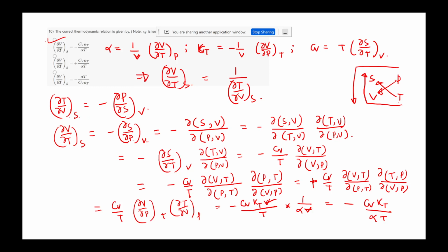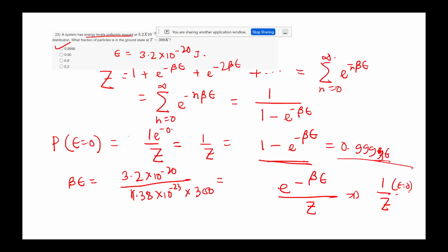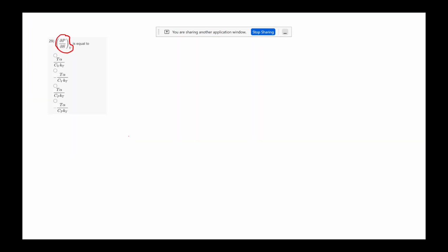So we refer to problem number 10. I can solve it very easily, but it is time consuming. This is the last problem, so we can solve that.